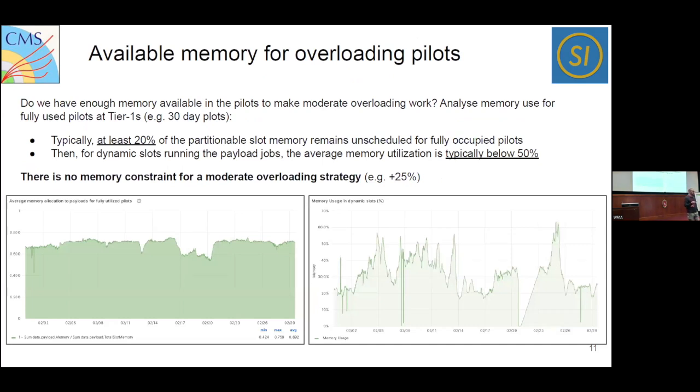There are also considerations about memory. I'll skip this slide in the interest of time, but the key concept is that we have enough memory to overload the memory too and keep the 2 gigabytes per core ratio that we are using as our basic compute unit.